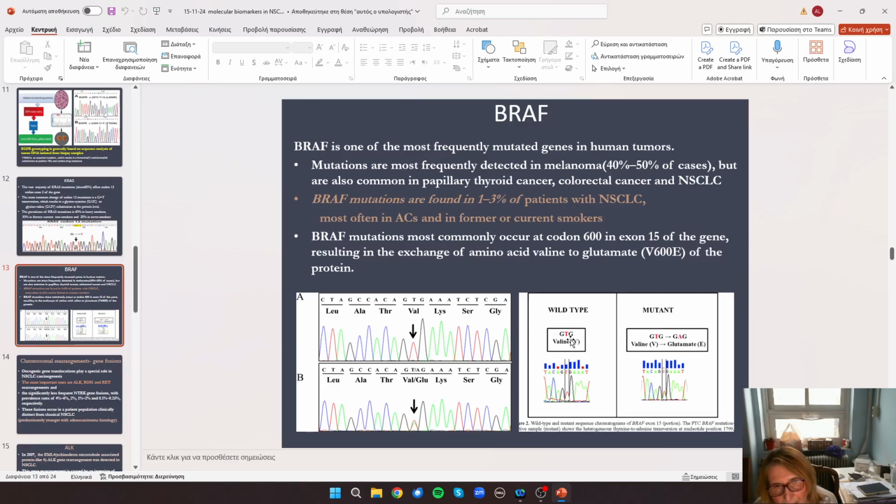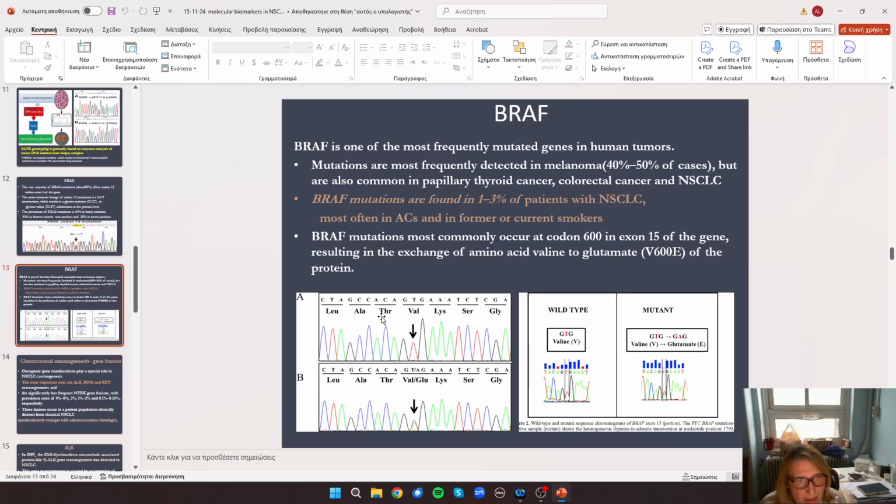In the wild type, the sequence is guanine, thymine, guanine. Point mutation, thymine has been replaced by adenine, which results in valine substitution with glutamate.